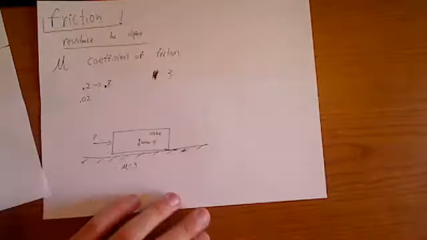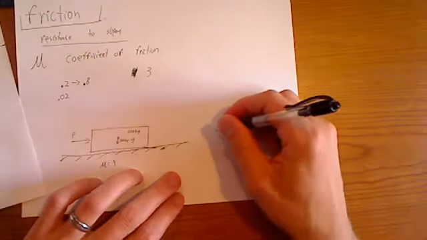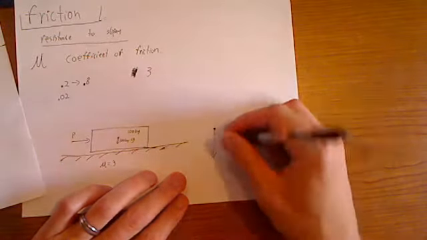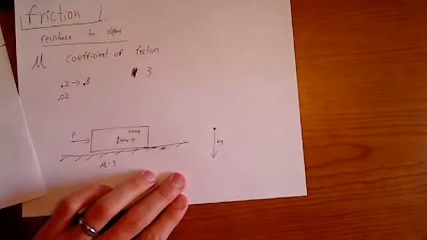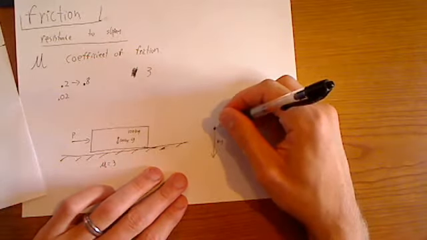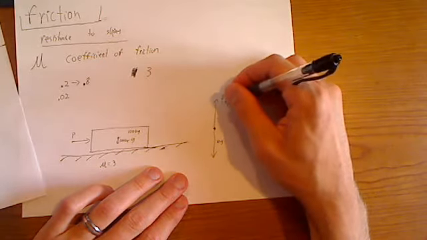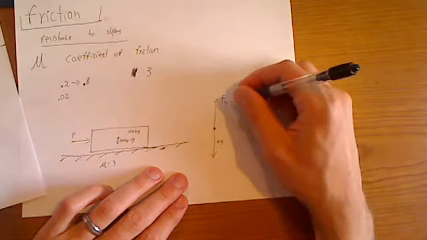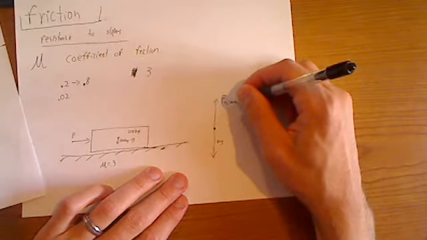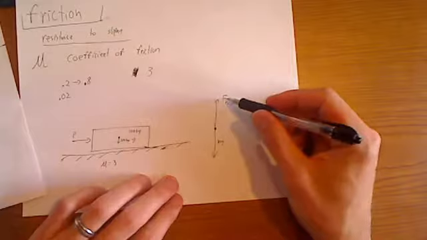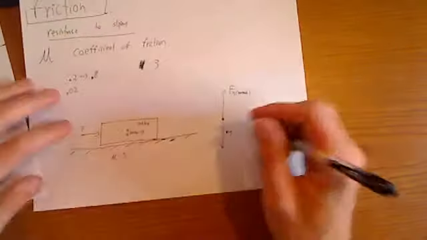Let's look at all the forces that are on this block. There is the gravity force, mg. There's what we call the normal force. This is Fn, or N for normal. This is perpendicular to the ground, so I'll write that out.